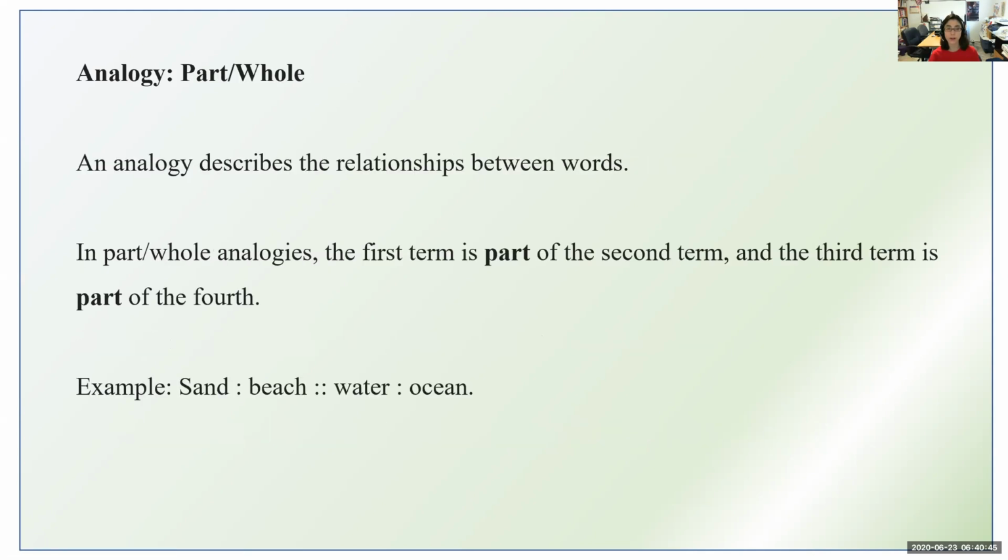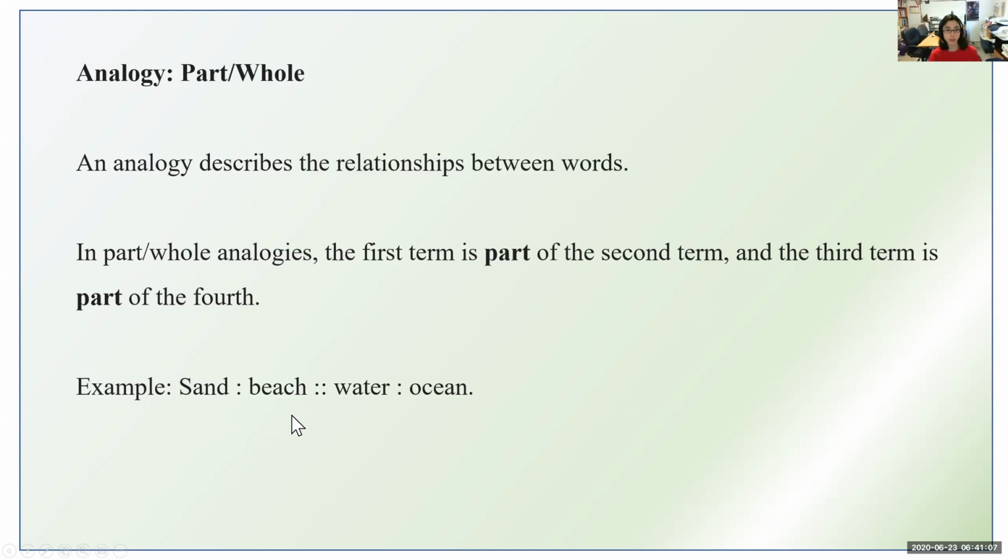Okay, now our next word relationship is going to be the part whole relationship. Remember that an analogy is going to describe the relationships between words. So it's kind of going to show how those words compare, make a comparison. So in part whole analogies, the first term, so for example, sand, is part of the second term, beach.